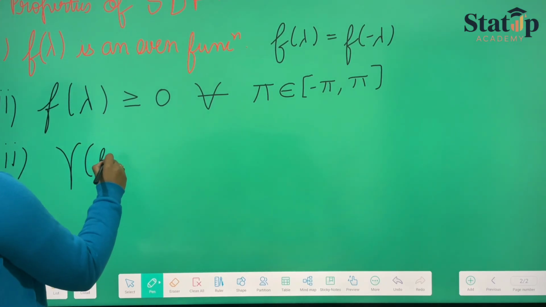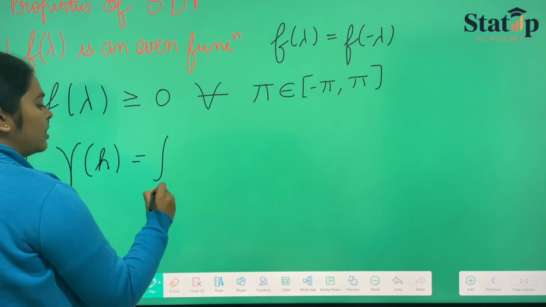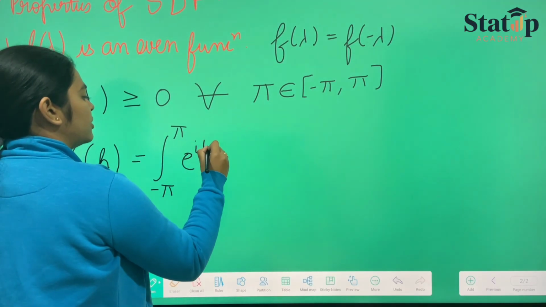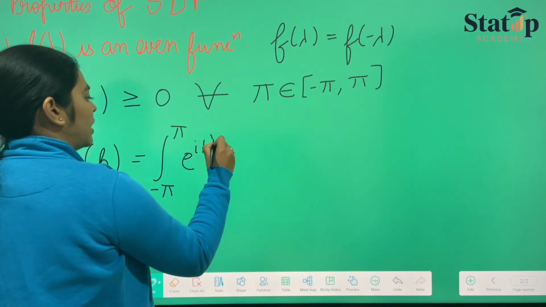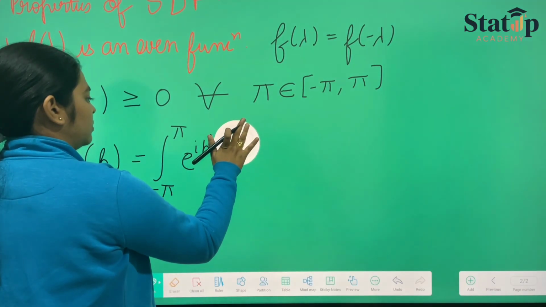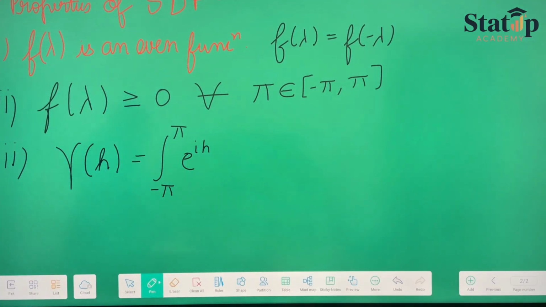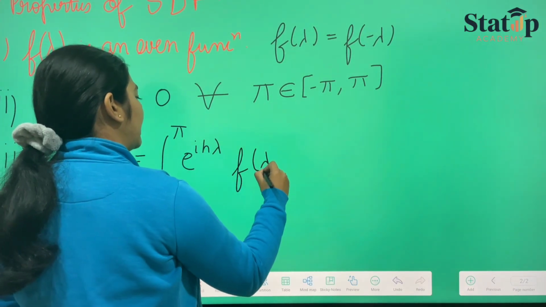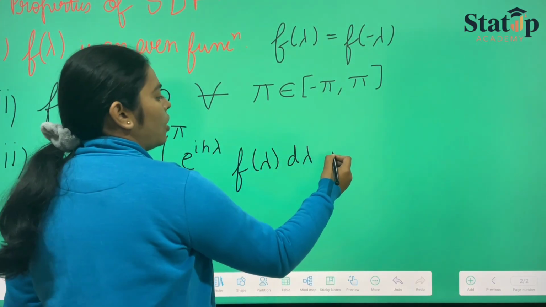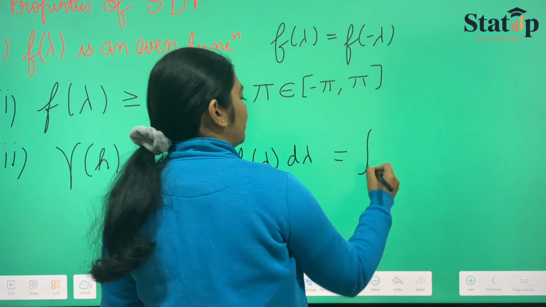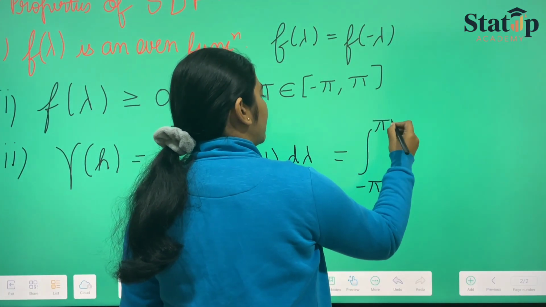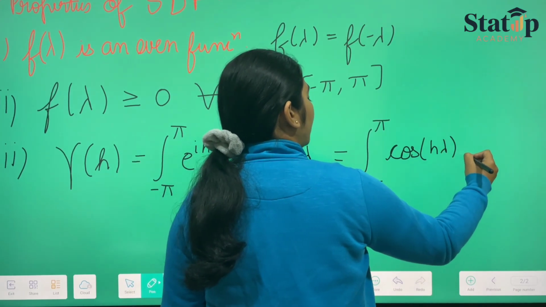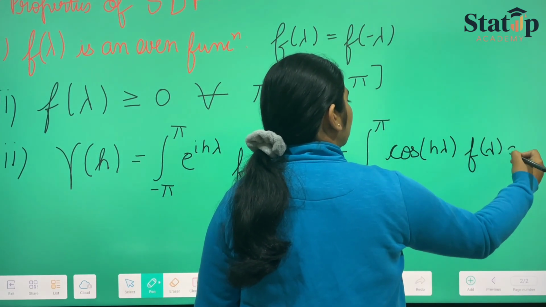And the third property says that this autocovariance function gamma h can be defined as the integral from minus pi to pi of e raised to the power i h lambda f lambda d lambda, or we can also write this as the integral from minus pi to pi of cos h lambda f lambda d lambda.